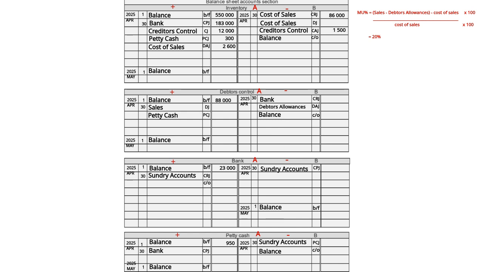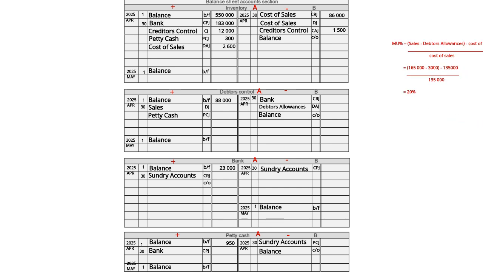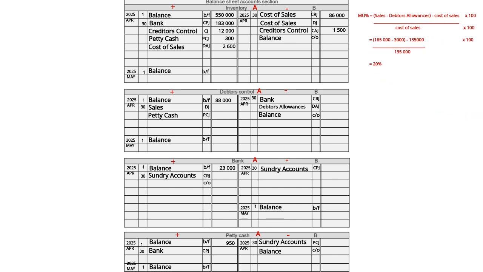And our cost of sales was given to us as 135,000. Okay, so now I've taken my same formula and I've just entered the amounts. 165,000 minus 3,000 minus 135,000. Divide that by 135,000 and I get a markup percentage of 20%.